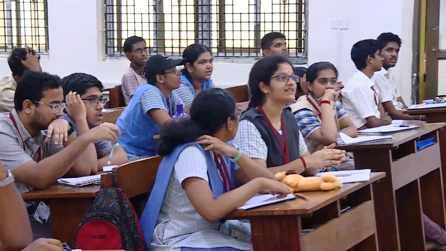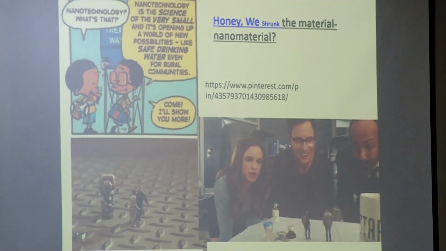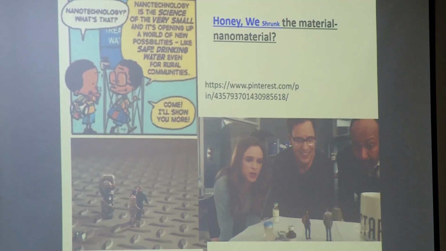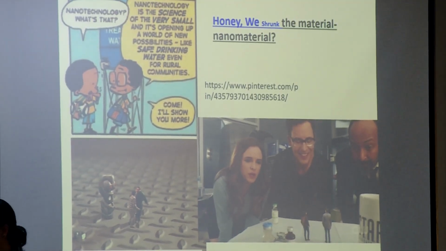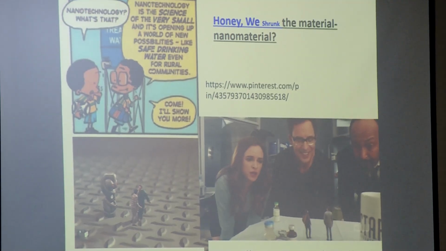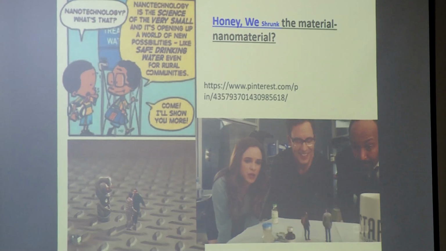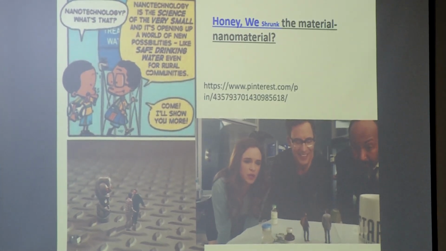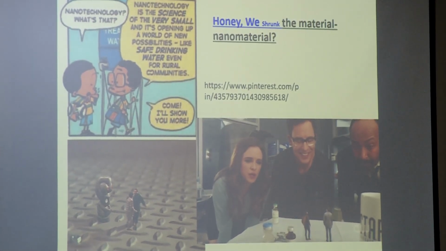The scientist accidentally shrunk his own kids and his friends. After they find themselves in a new environment at a much smaller scale, they can see new things which we cannot see. At that scale, they can see the environment, which we are obviously not able to see, even though it exists.